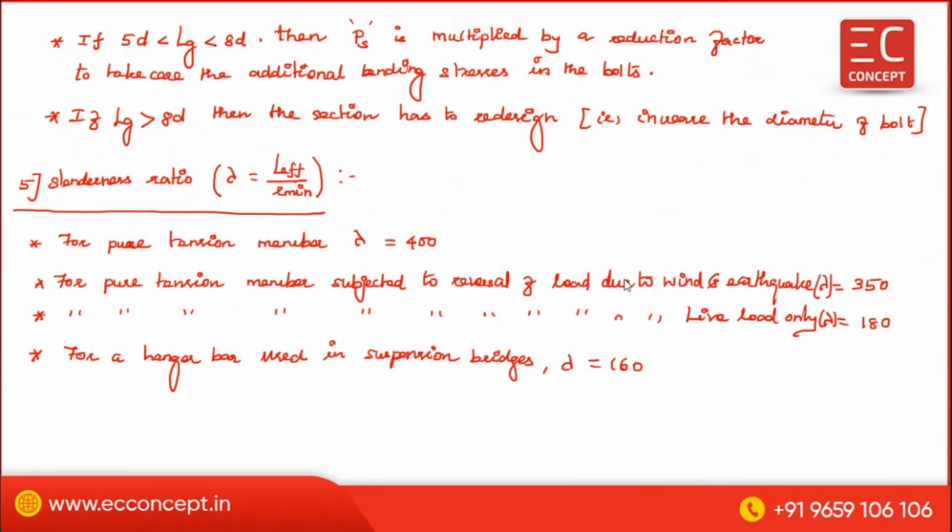Okay. Now, next we are going to see the load calculation. Now load carrying capacity, the fifth one. This is the last one, the sixth one. Load carrying capacity of a tension member, that we are going to see.